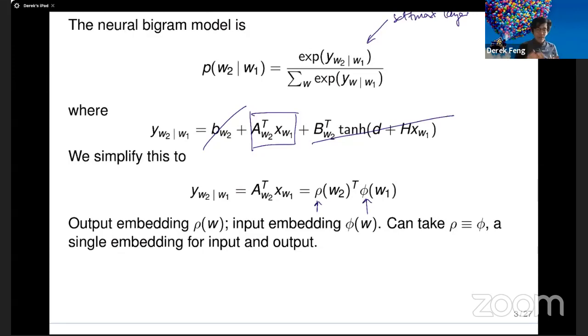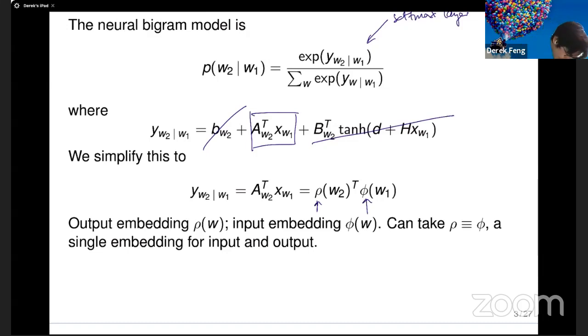Whenever I say word embeddings, I just think of it as a map from my vocabulary to my word embedding space, so R to the D. And what we said before is that to be more general, we would have a different embedding for the contexts and for the actual word I'm trying to predict. But that's making it more complicated. So we're just going to scrap that and have one word embedding shared across everything, in this case the words and the context, right?